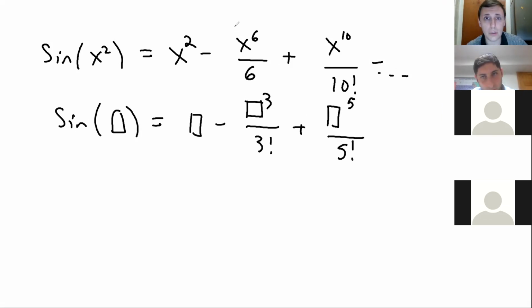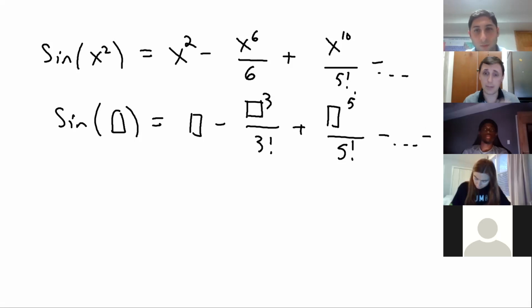Should be not 10 factorial, but 5 factorial. My apologies. And onwards. You understand? It's something that if you understood how to use calculus, you can come up with such formulas.